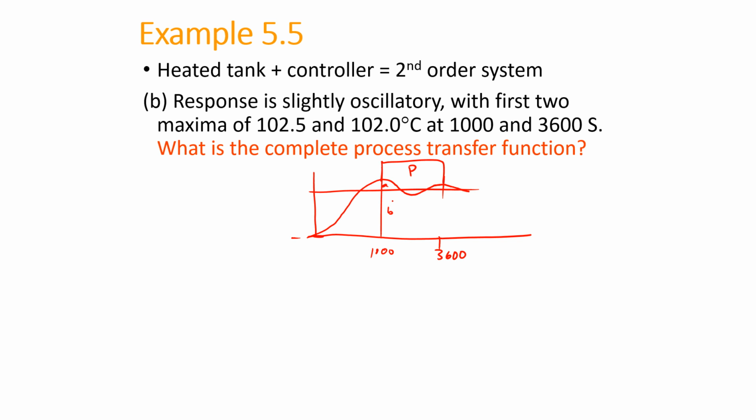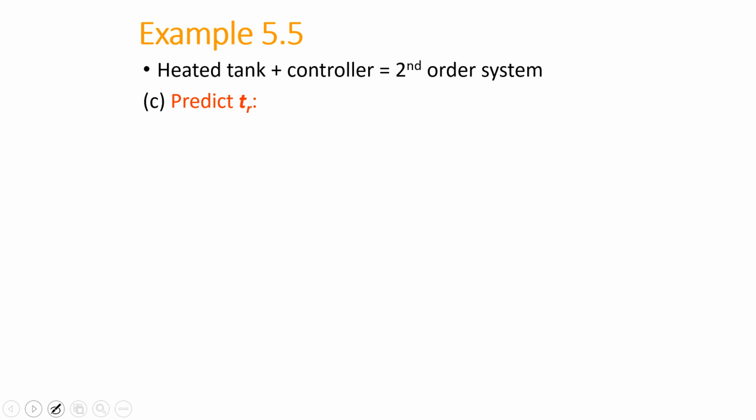Then from that we already got our K value, and then we can get our zeta and our tau value as we showed before. We already did that once, so I'm not going to go through these calculations. And then from that we can also predict the rise time.